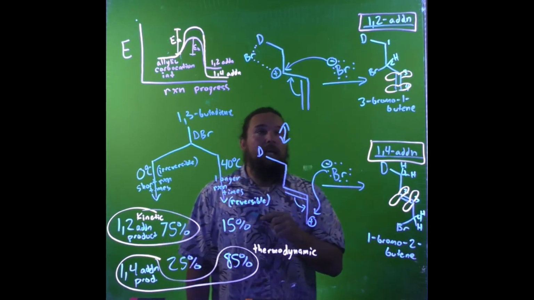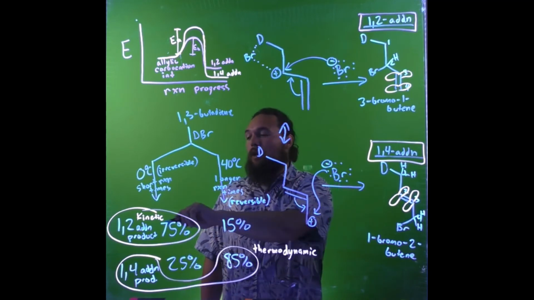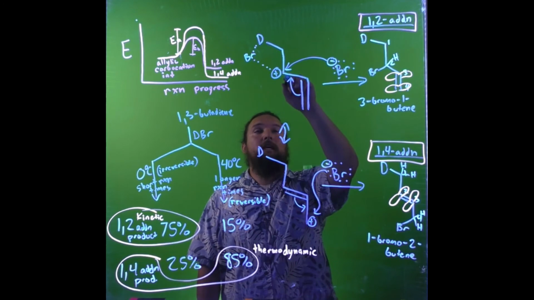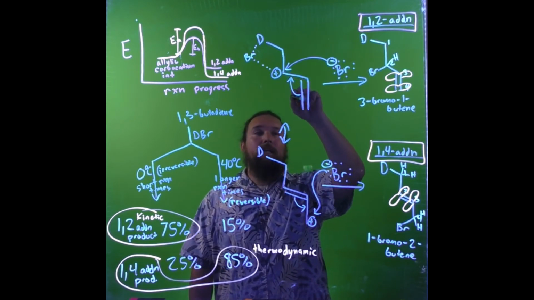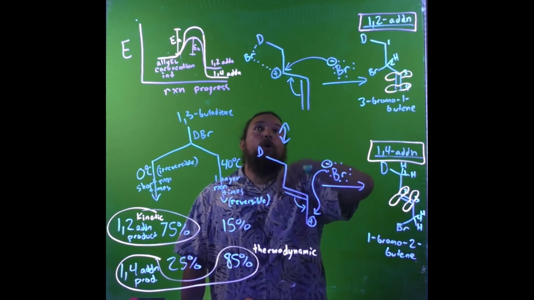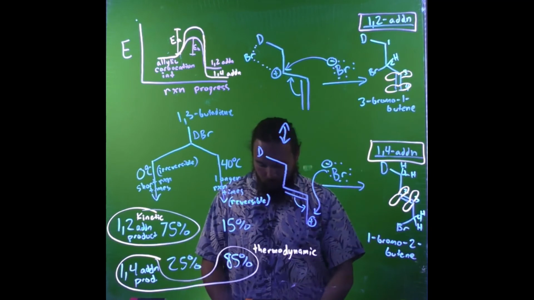So what we're going to look at is: is the 1,2 addition product the major product at low temperatures because the allylic carbocation intermediate has a lower transition state here, or is it simply due to the proximity of the bromide being added over here?